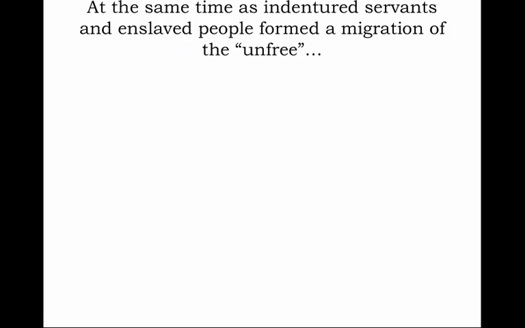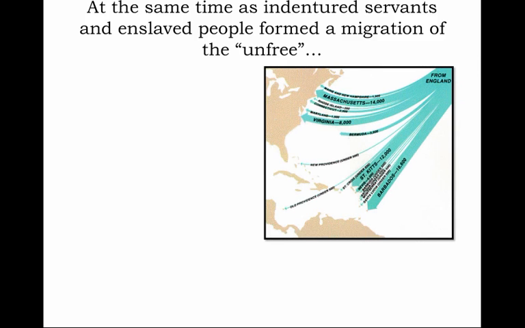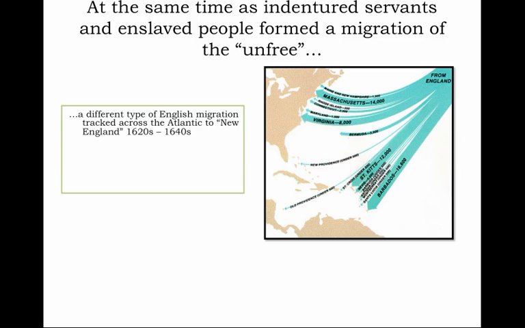And yet there's something about New England and its history and its foundation that has always struck us as different, perhaps, in our history. At the same time, however, as indentured servants and enslaved people formed migration of the unfree across the Atlantic world, so too did a different type of English migration track across the Atlantic to the region called New England during the 1620s, 30s, and 40s.